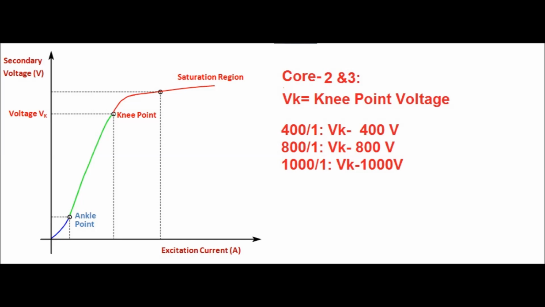The voltage at which if voltage is increased by 10%, then there will be an increase of 50% in magnetizing current. It is called the knee point voltage. How the knee point voltage is derived from the equation will be discussed now.